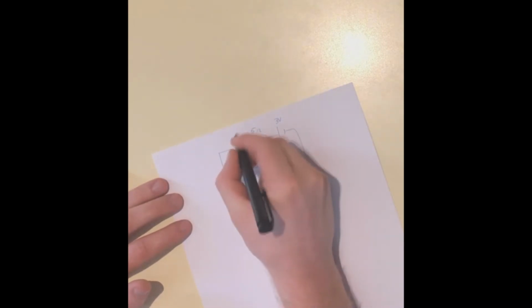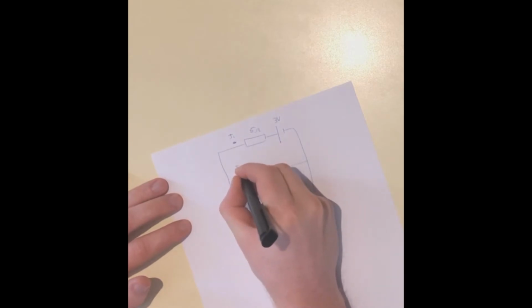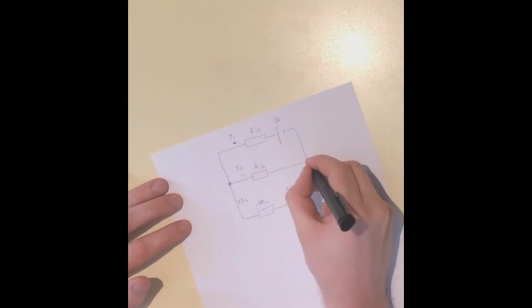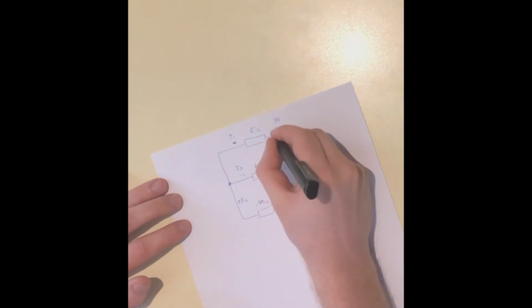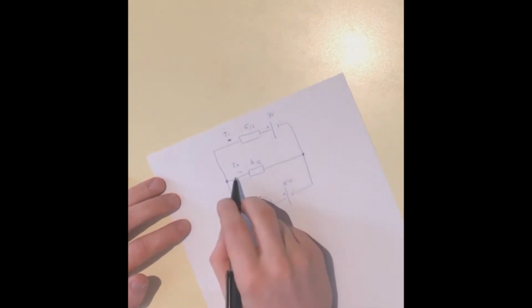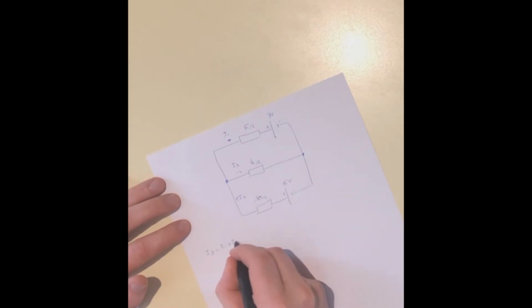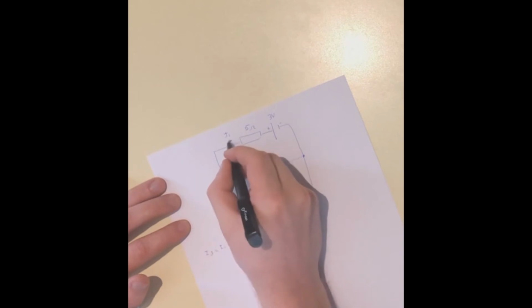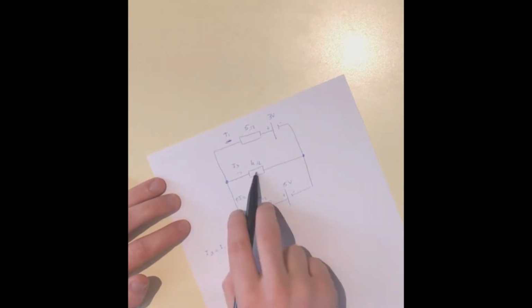Let's name this one I1, this one is I2, and this one is I3. We know the direction of the current because we know the polarity of the source. So we can say I3 equals I1 plus I2, because you can see those currents add up to each other and flow here.